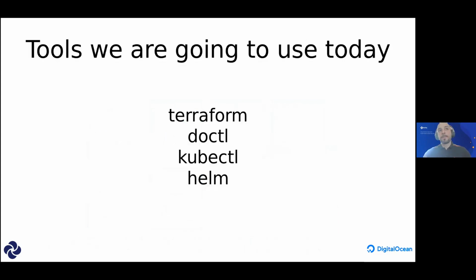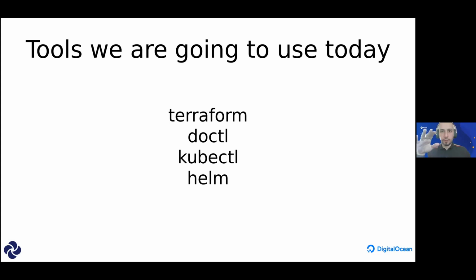Next, let's talk a little bit about the tools we're going to use today. It's a short and simple list. Terraform is the go-to when it comes to infrastructure as code in most cases. doctl and kubectl are tools, together with Helm.